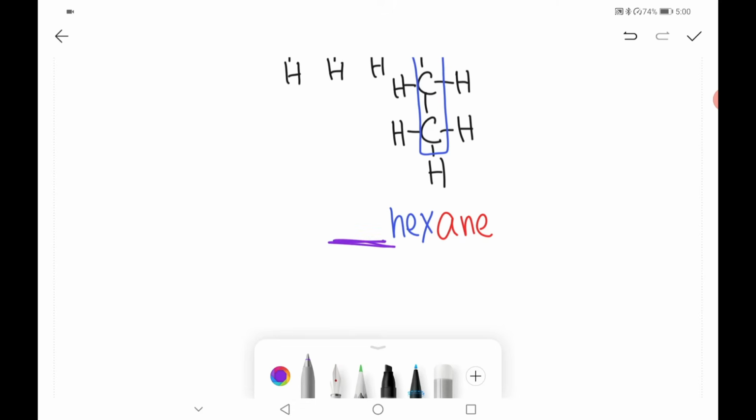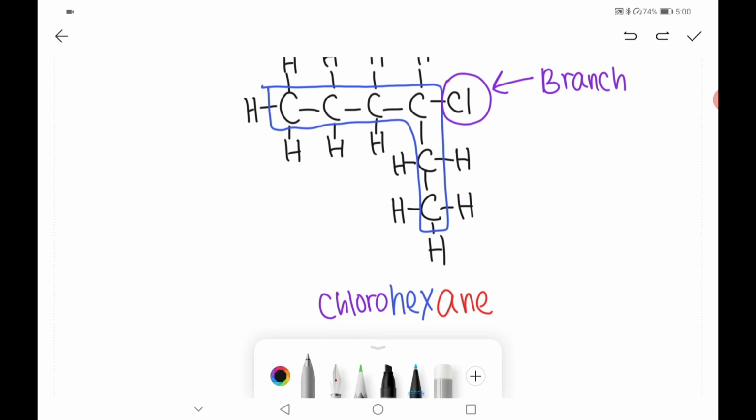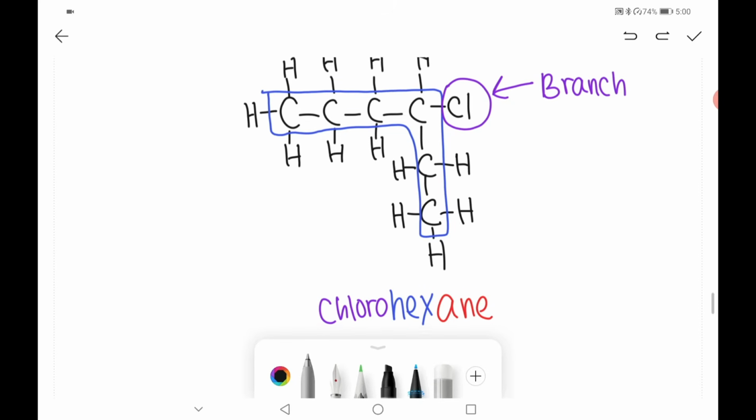Put it in front. Make sure you stick the chloro with the hexane. You don't put a space between chloro and hexane. No space in between. They must stick together. So when you have chlorine as a branch, you call it chloro.